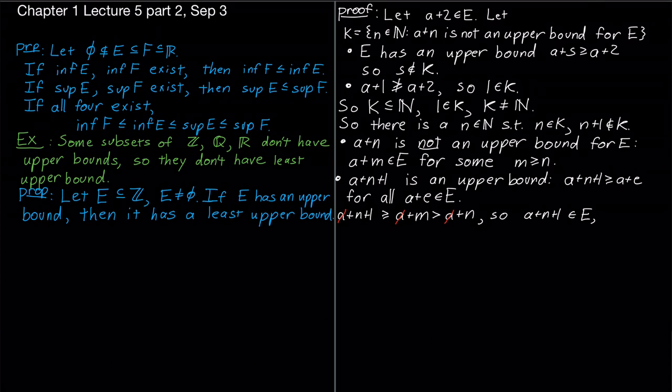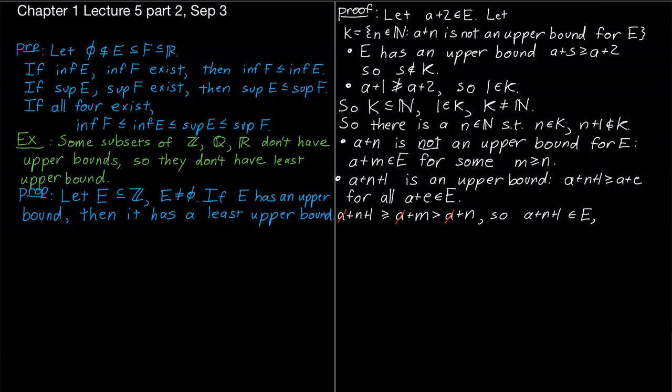And A plus n plus 1 is greater than or equal to A plus e for all A plus e that are in E. And then it's pretty clear that A plus n plus 1 is the least upper bound.